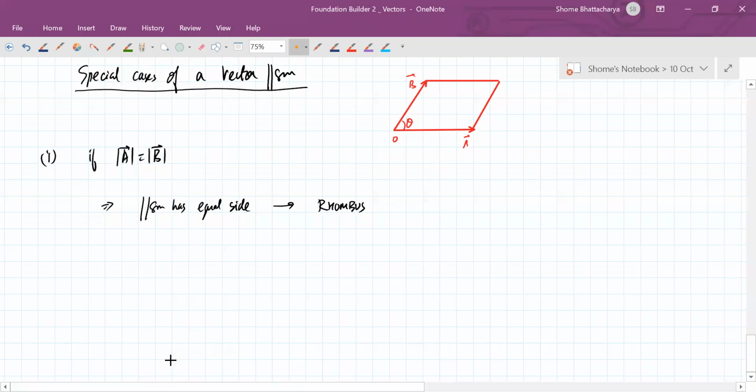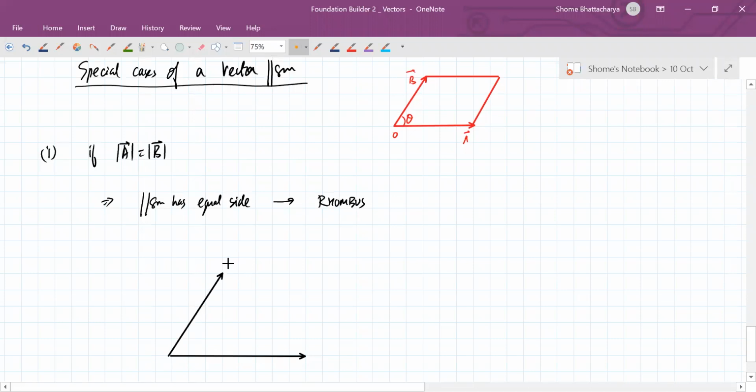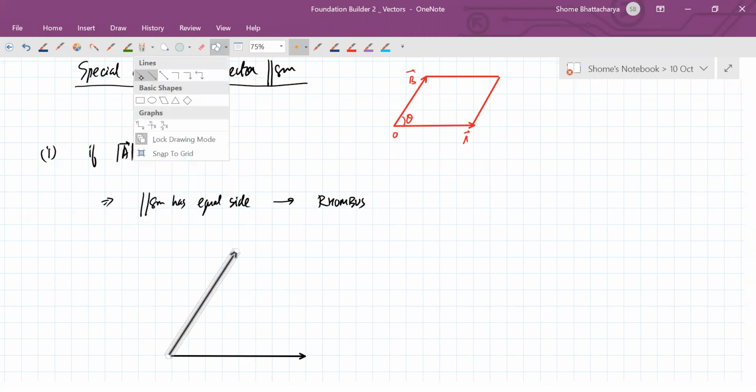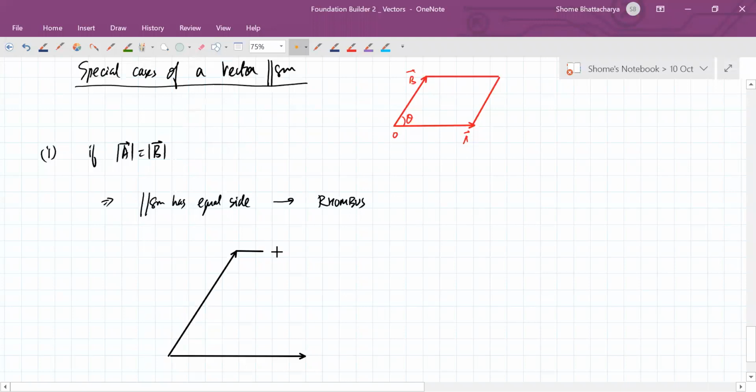So now rhombus has certain important properties which we will discuss. The rhombus has the properties that diagonals are perpendicular to each other, and also that the diagonals are angular bisectors. So we will be making use of those properties.